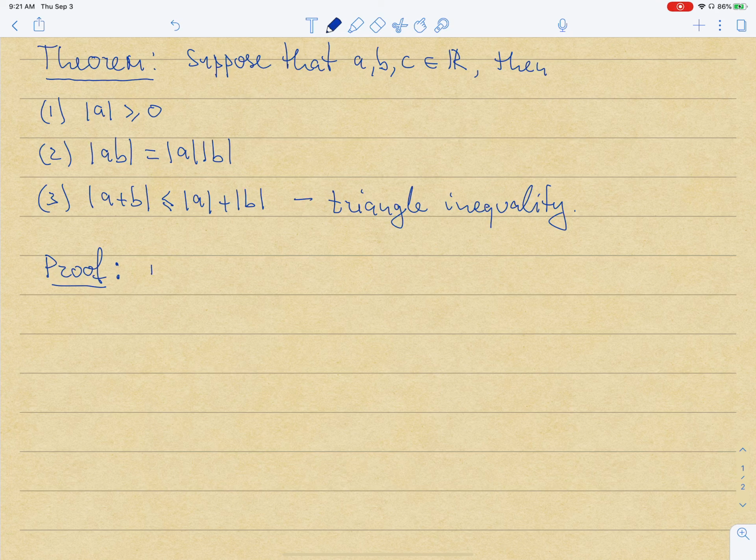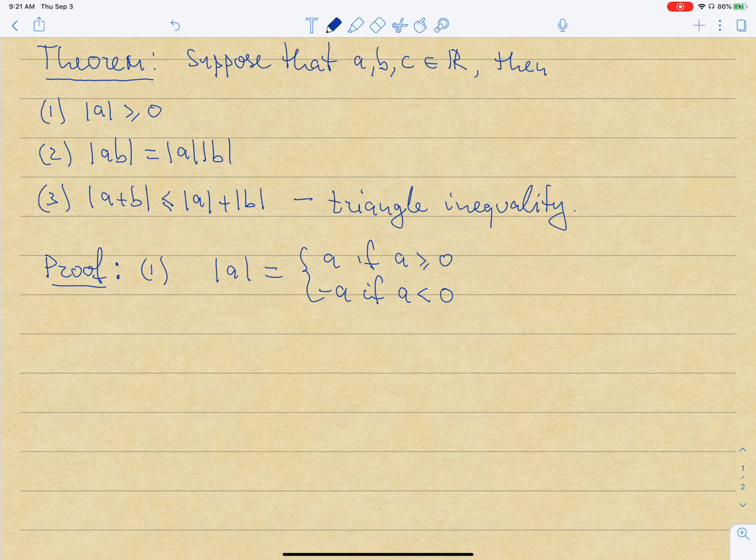So proof of the item number 1. What is the absolute value of A? It's, again, A if A is greater or equal than 0, and it's minus A if A is less than 0, right?